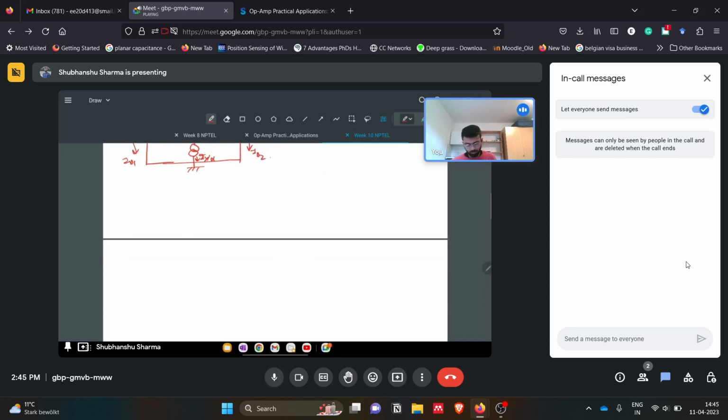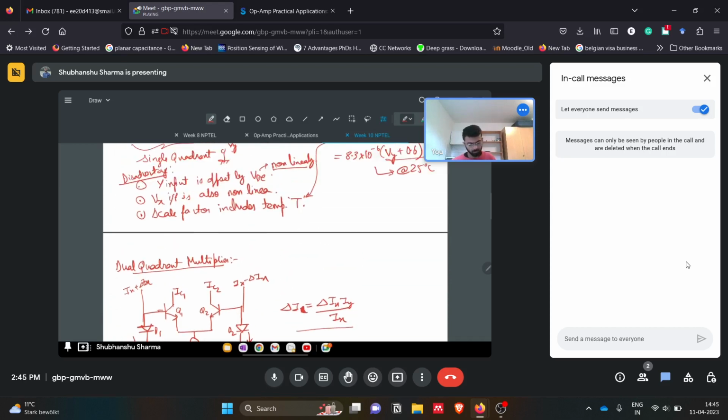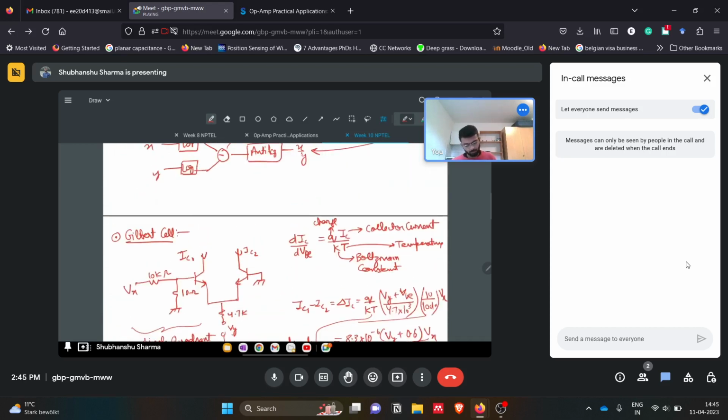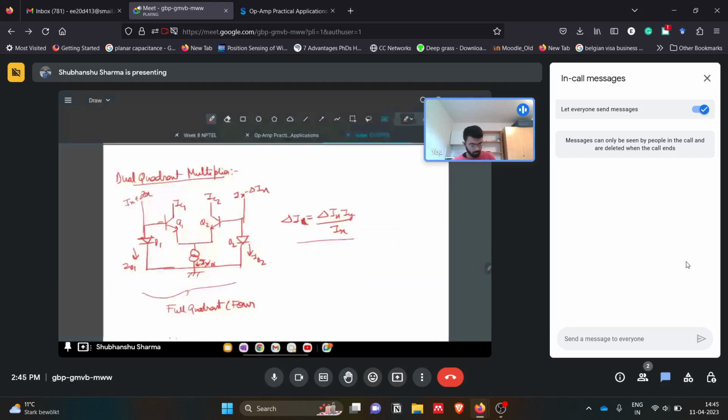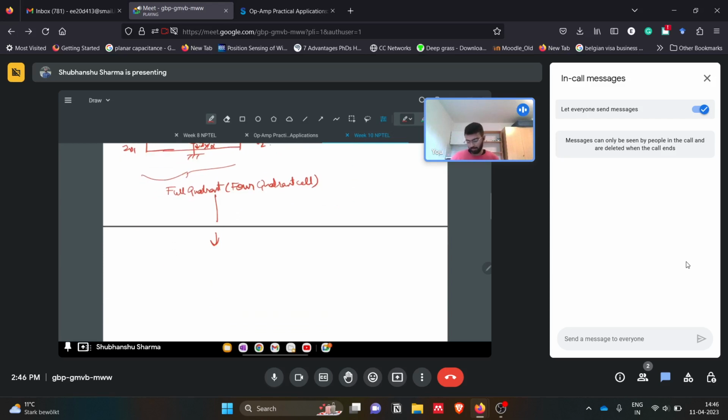So in order to achieve the full quadrant system, or we can say four quadrant cell from this, we can use the pairs of these transistors together.